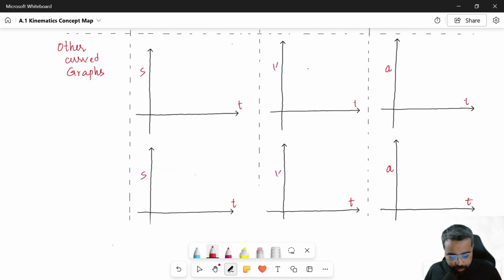So students, let's quickly discuss the other curved graphs. For example, if this is a graph of the displacement time, right? You remember we had already discussed the velocity time graph of the skydiver. This is the same shape, okay? So we will treat it in the same manner.